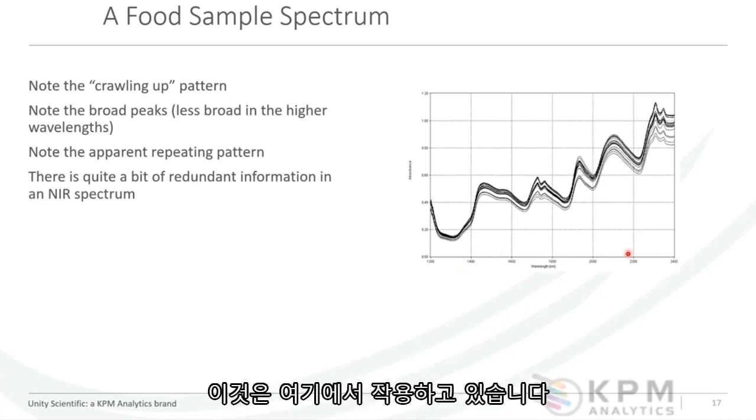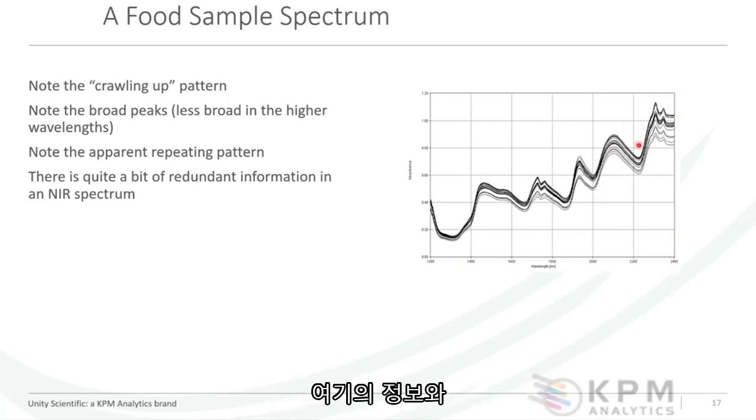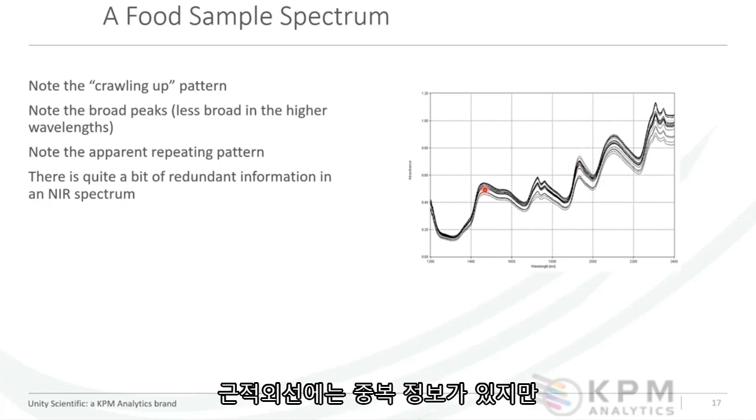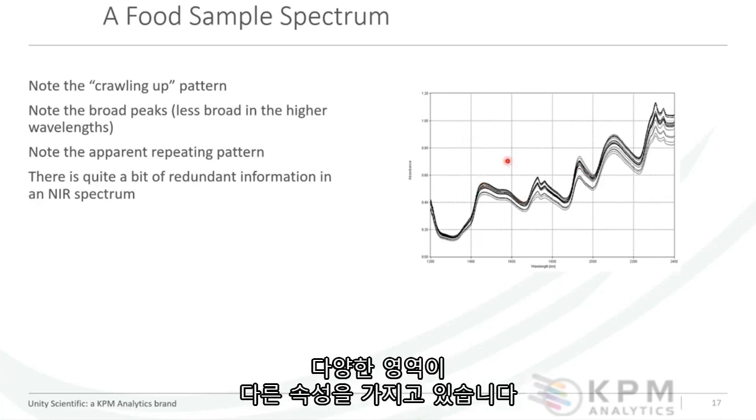This one is looking at 1200 to 2400 nanometers. You can see that the information here looks very similar to the information here. And likewise, these are replicated here. For example, there's a moisture peak right here, and there's a moisture peak right here. So there is redundant information in the near-infrared spectra, but the various areas have different properties.